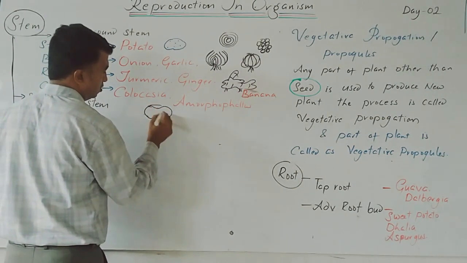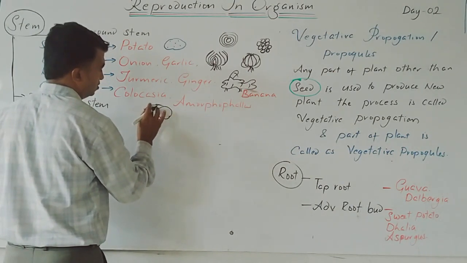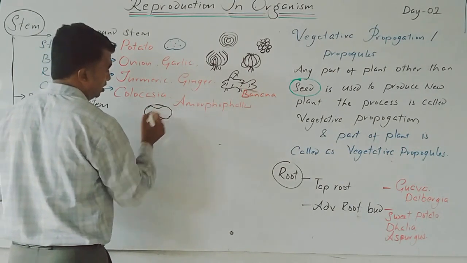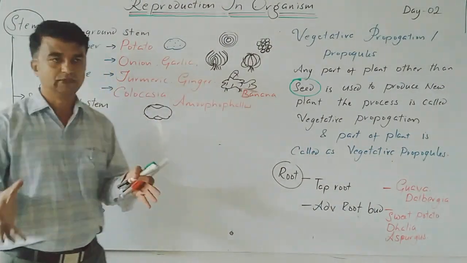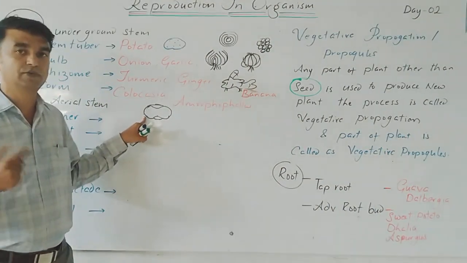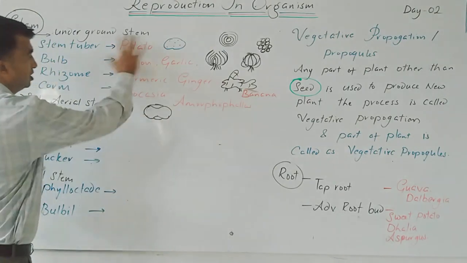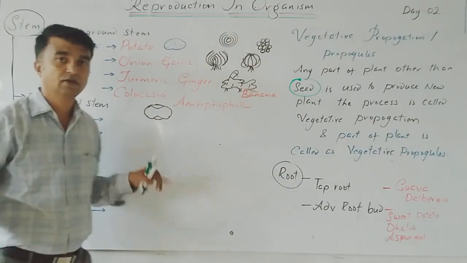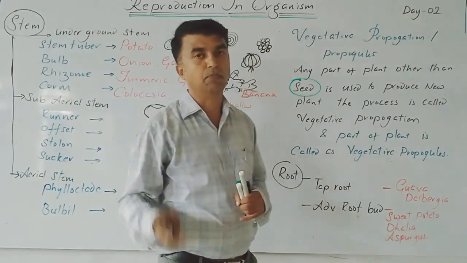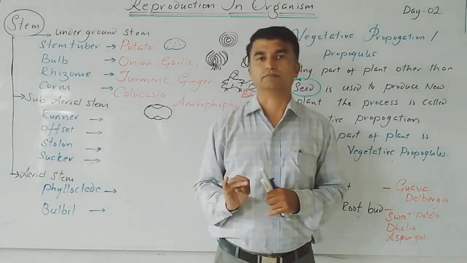This is a corm in Colocasia and Amorphophallus. So it is an underground stem modification that can be used as a vegetative propagule. Almost four underground stem modifications are there: stem tuber, bulb, rhizome and corm.